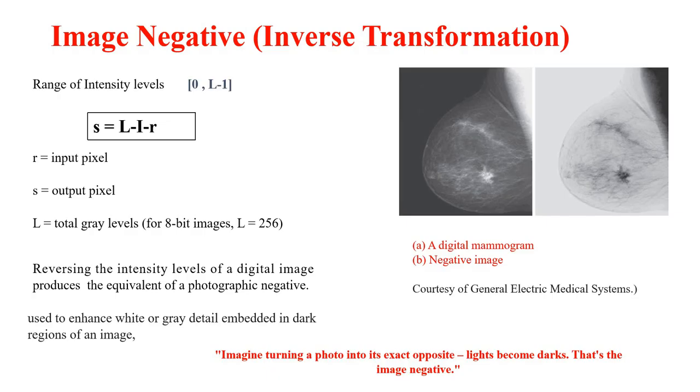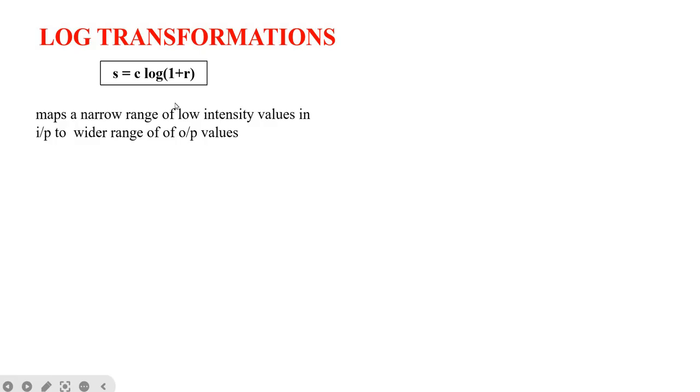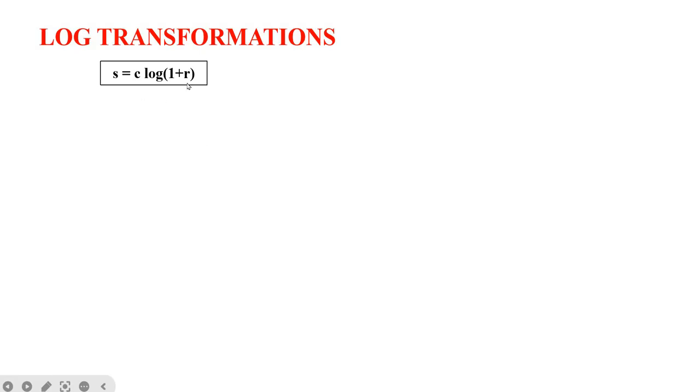Next is the log transformation. The log transformation is generally obtained by using the formula s equals c log of 1 plus r, where c is a constant and r is assumed to be greater than or equal to 0.